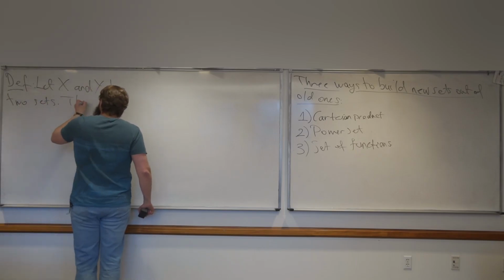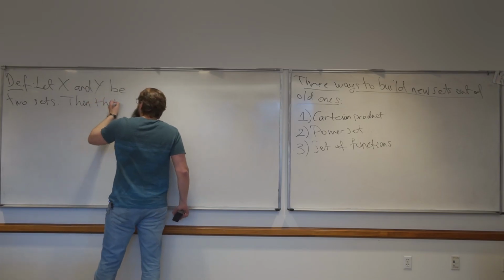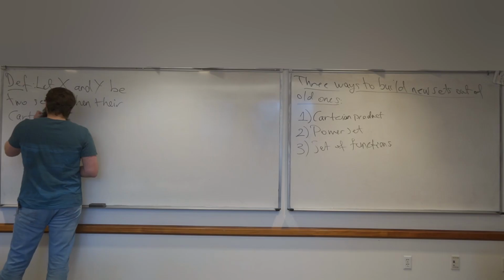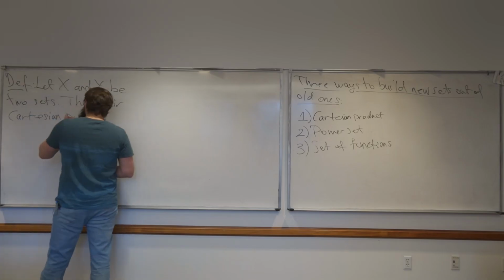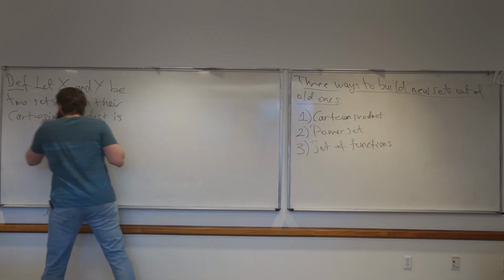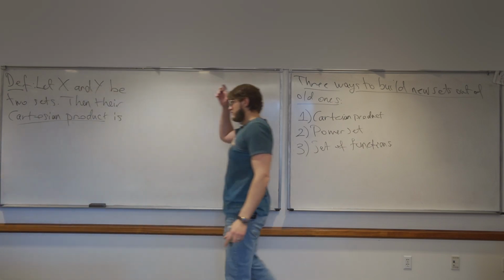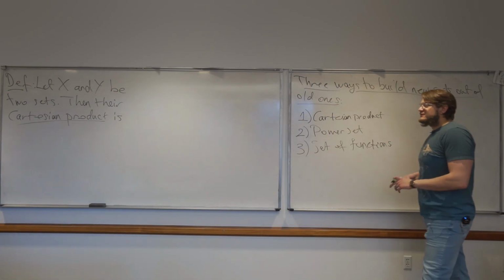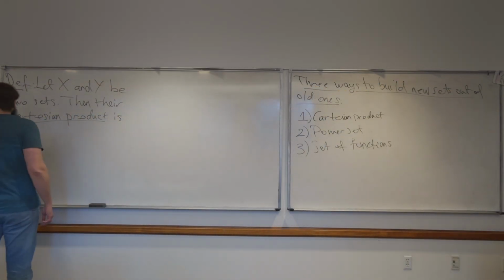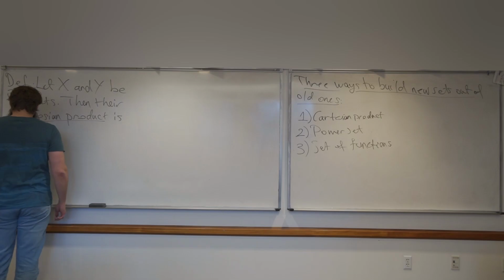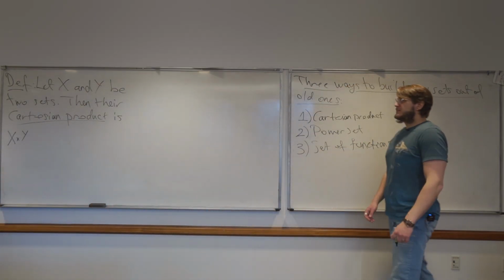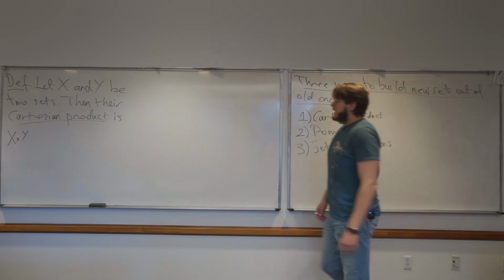Then their Cartesian product is a new set, and this I'm going to denote by x times y. I'm saying this is a new set that I'm building out of x and y.